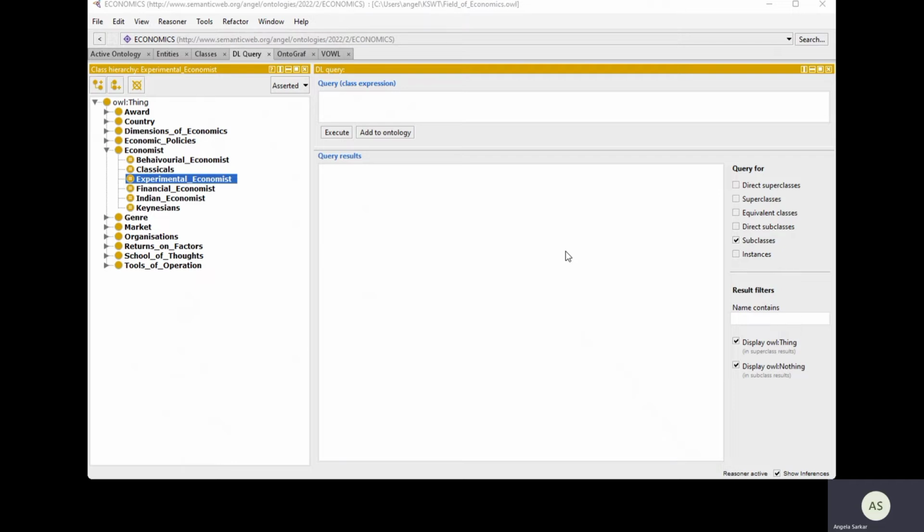In other words, if you want to find a particular answer to your query, you can do it directly by writing your DL query. So let's have a quick example of that.